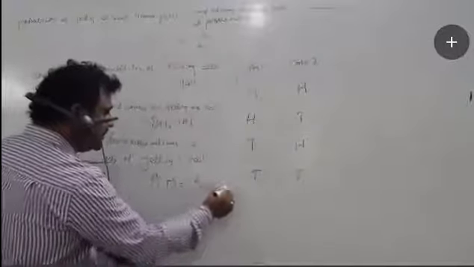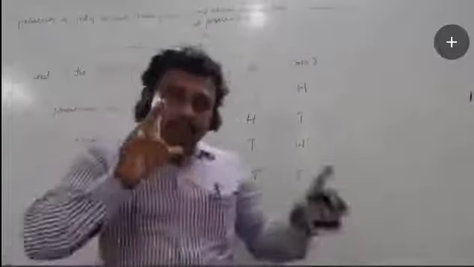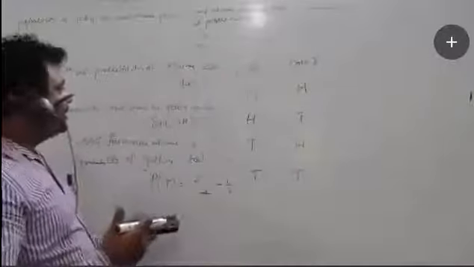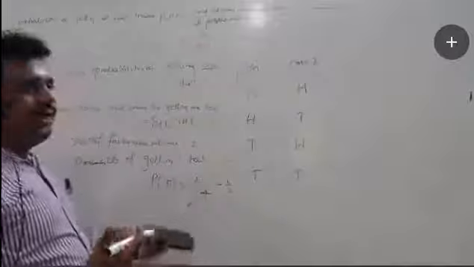If we cancel this, the probability is 1 by 2. Students, understand? Okay, I think you understood this. Now let us move to another example.